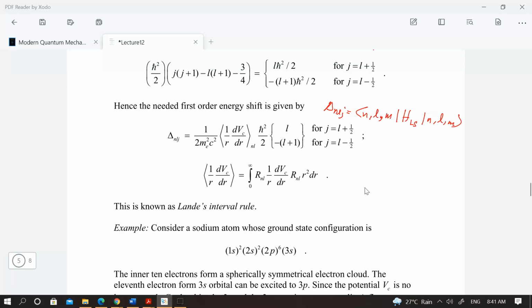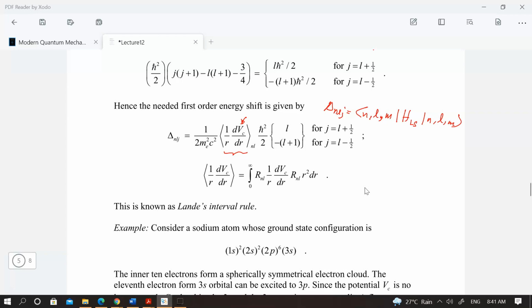The only thing that's left uncalculated is this part, because that depends on what this potential is, and it is going to be a bit more complicated to do, because that's no longer your Coulomb potential.